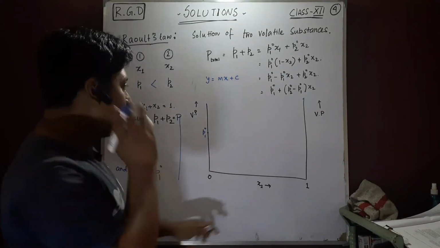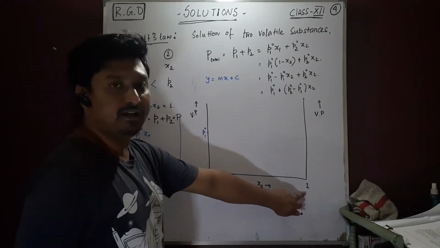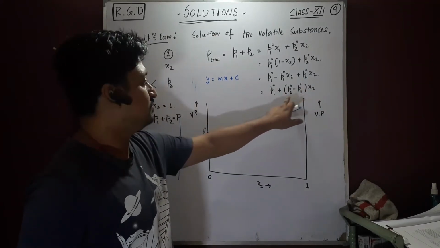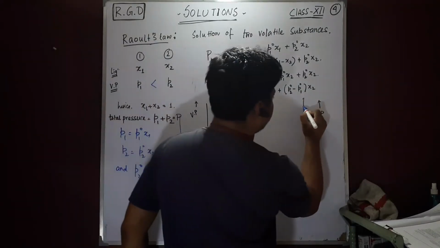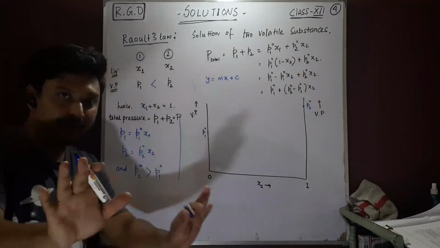Now when x2 is equal to 1, if I put 1, then P1 cancels out. So P2 will be there. So P2 will be here, P2 0. Clear?